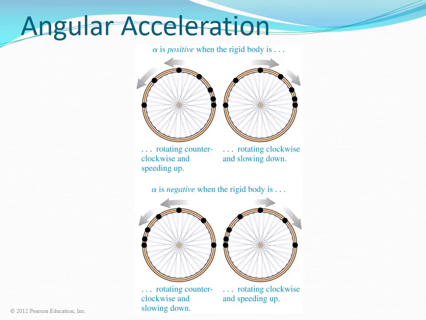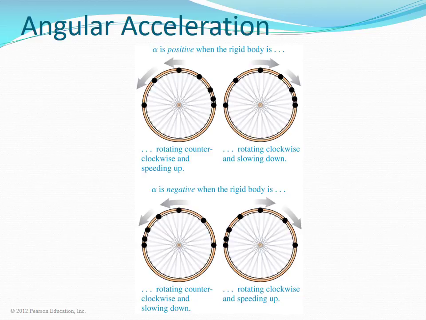In angular acceleration, we have similar situations. In the top left figure, the wheel is turning counterclockwise, the positive direction. The wheel is speeding up. The angular acceleration is in the direction of motion and is also positive. In the top right, the wheel is turning clockwise, negative.